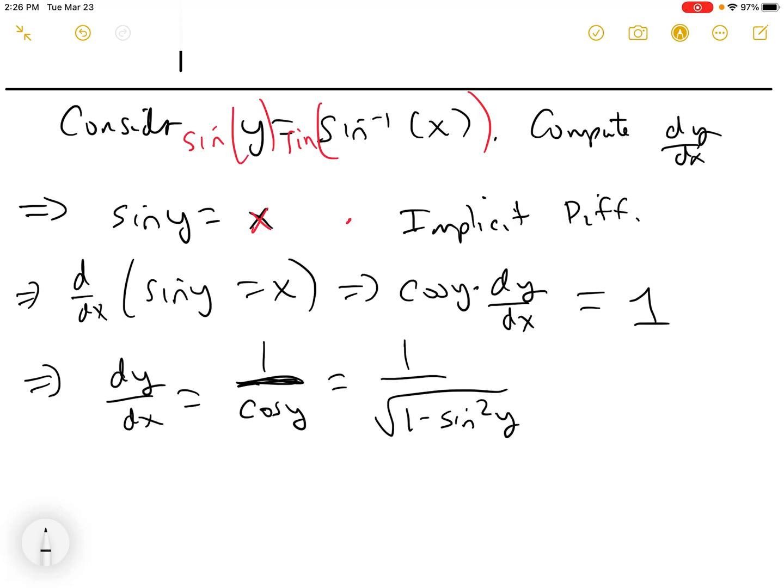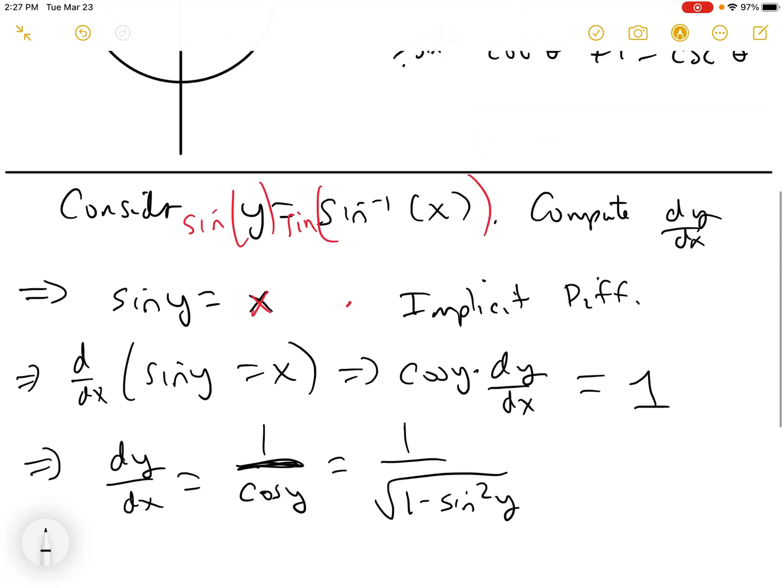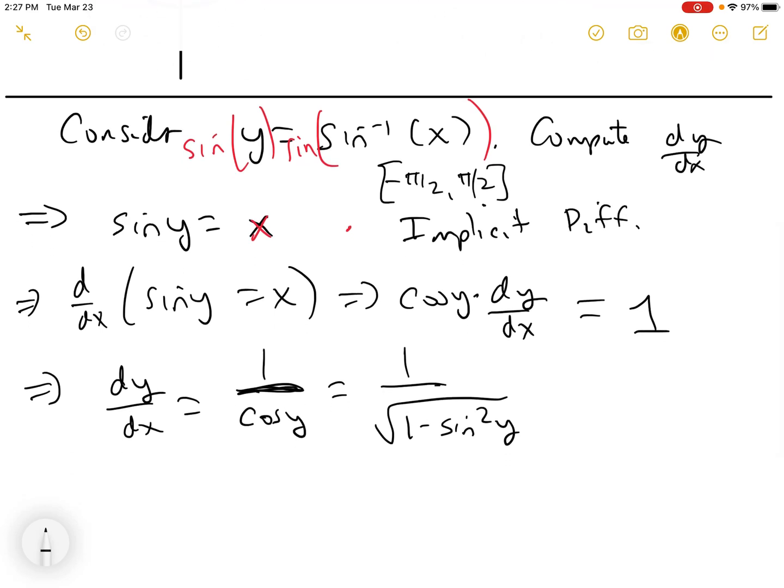That's just solving for cosine of y. You get a plus or minus there, but it remains plus because of the way y is defined. Because over here, y lies between minus pi over 2 and pi over 2, and cosine's positive there, so we're looking for the positive square root here.